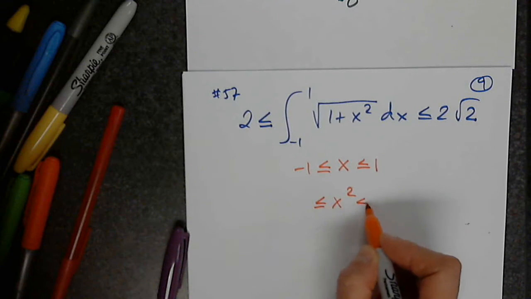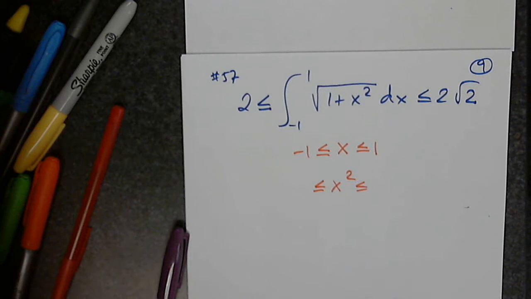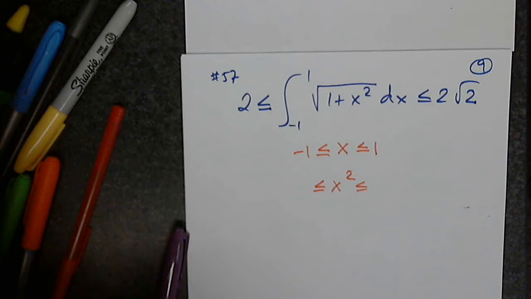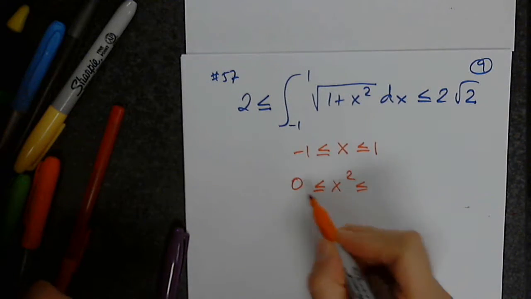Between what and what? Imagine a number between negative 1 and 1. If you square any number between negative 1 and 1, what will be the smallest number you get? 0. And what is the largest number you get possible? 1. So this must be between 0 and 1.